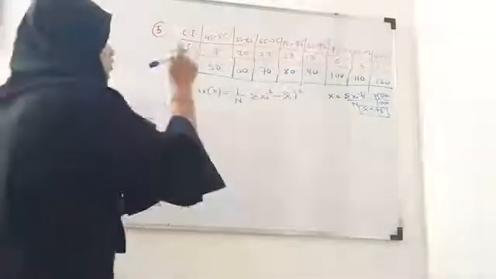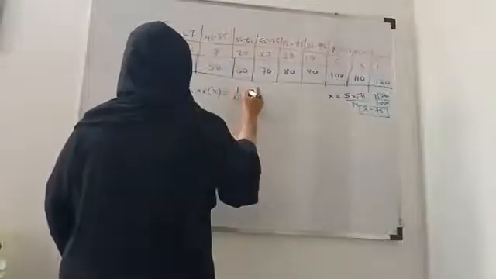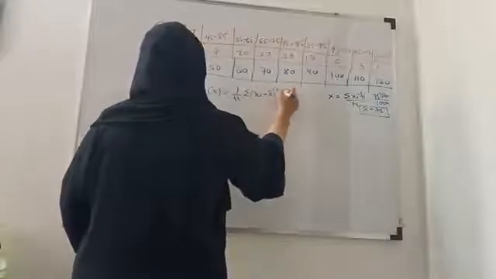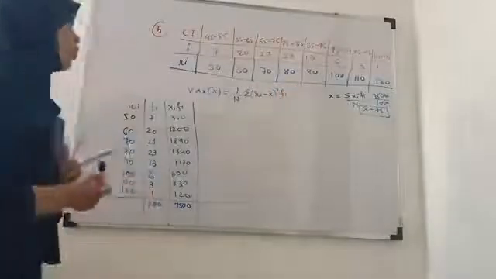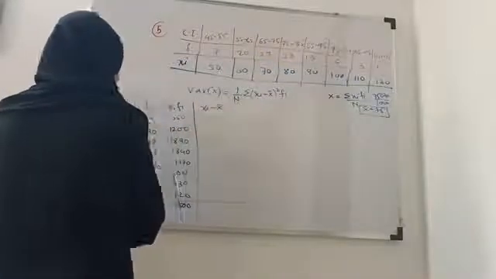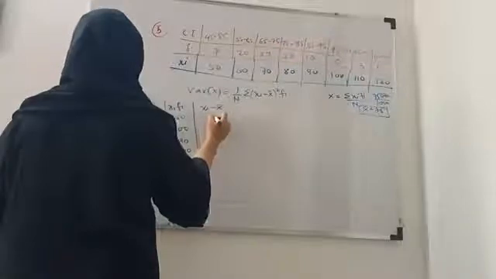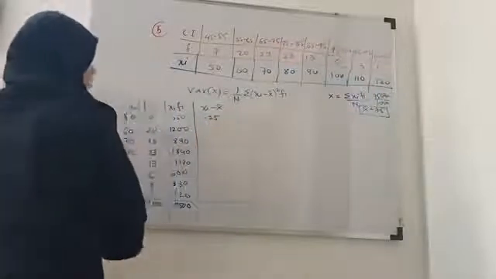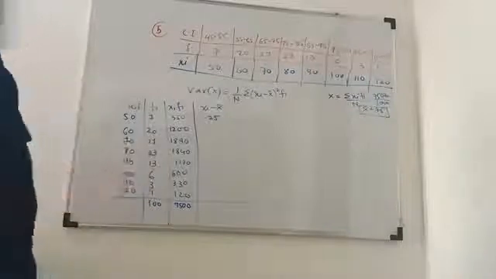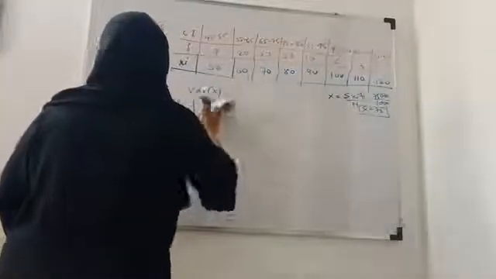So it's better to use the first formula: 1 upon n summation of xi minus x bar the whole square into fi. Okay, so from each of the entries xi we will subtract x bar. So 50 minus 75 is minus 25. Oh, it will also give you large magnitude. Okay, so it's better to use this formula.